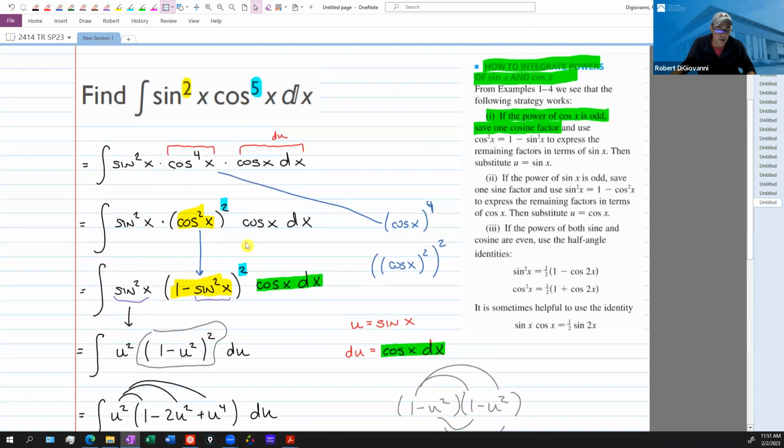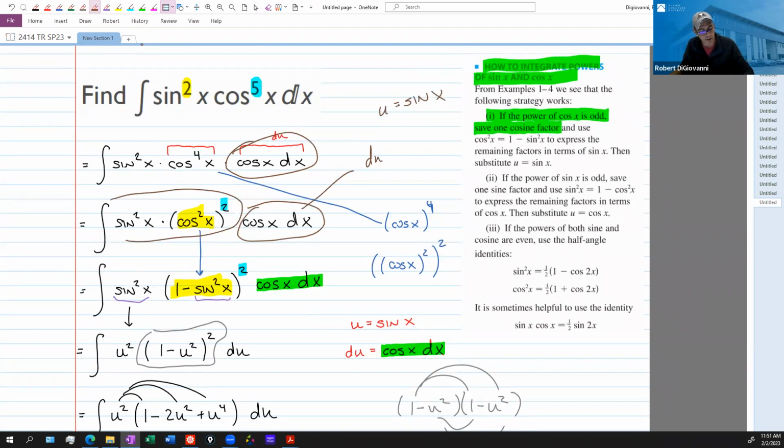Exactly, because if we peel off this cosine, that's going to be our du, which means u had to be sine. If we're going to have any hope of getting this, the things over here should have sines in them, so I can replace them with u's. If you don't do that, what are you going to replace cosine x with?